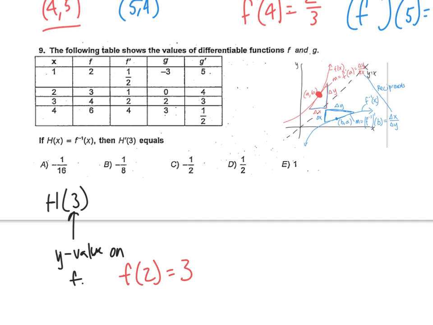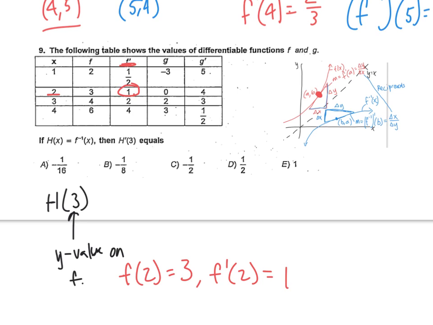And it wants me to find h prime of 3, but the first thing I want to do is find f prime of 2. If I find f prime of 2, that's this number here, which is 1. If I have my derivative of f and I plug in 2, I get 1.